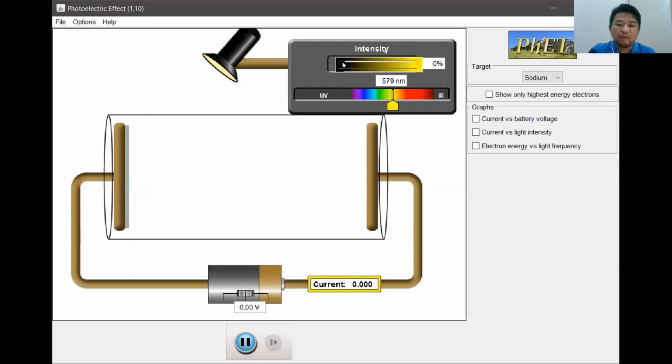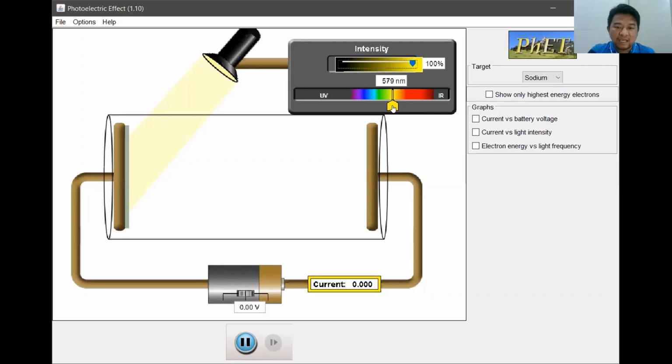Now, let's decrease the wavelength, increasing the energy and the frequency. Let's increase the intensity as well. There, so for the wavelength 579 nanometers, at 100% intensity, there is still no current.